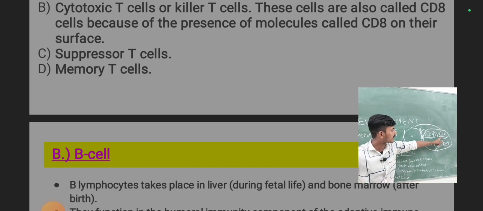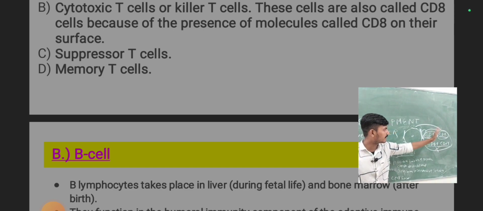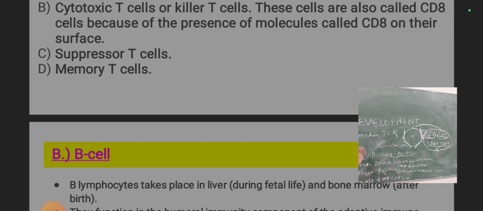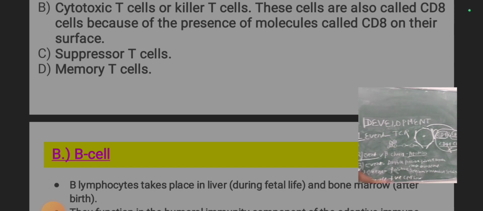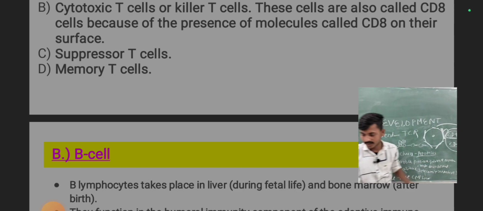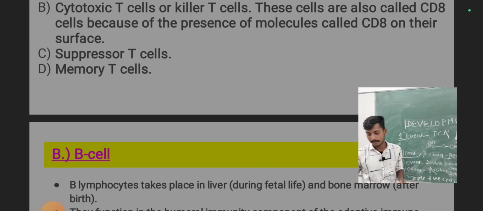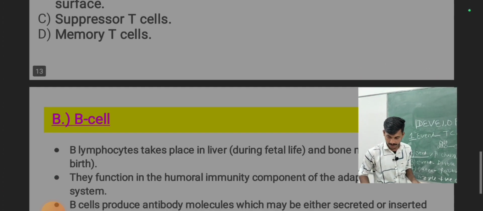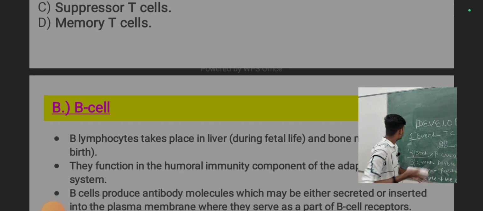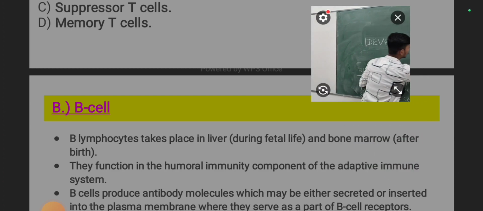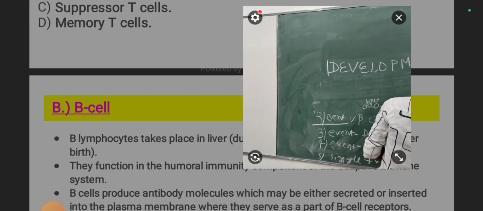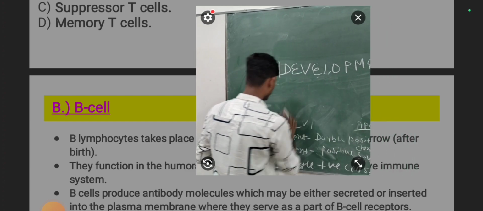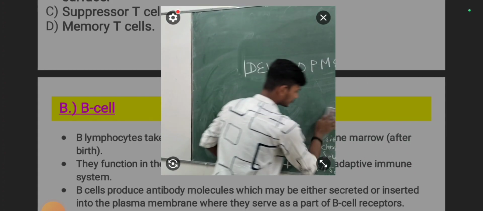I told you that CD4 and CD8 are different types of cells which form during the processing of T cells under the effect of thymosin or thymopoietin in the thymus gland. They are also called cytotoxic cells. Then we have the suppressor T cell and memory cell. Now see the board, I will write down the names of all those four cells. Hope you understood this.